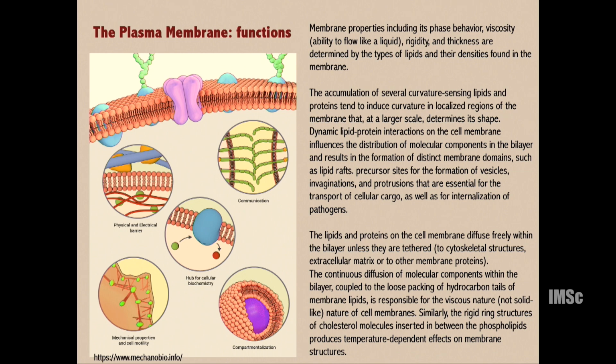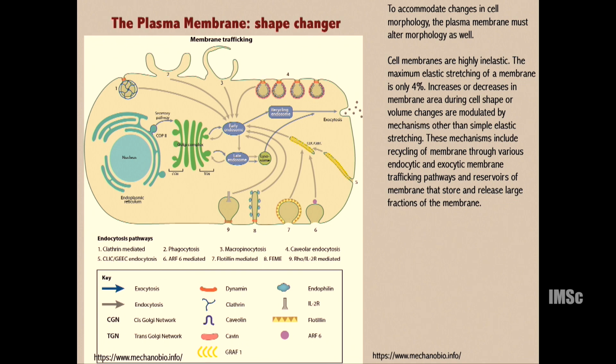And these lipid rafts are also those regions in the membrane where you can have localized signaling. The reason we're a little obsessed with the plasma membrane is that at the scale of the cell, it's one key element that allows shape change.